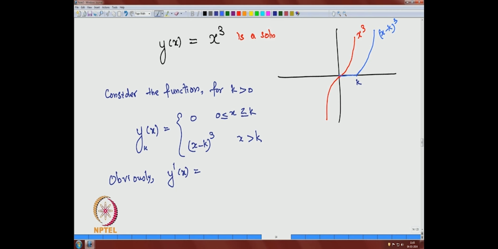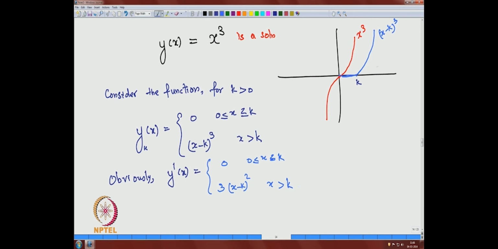If you differentiate it, y'(x) is 0 for x between 0 and k, and its value is 3 times (x - k) square for x greater than k.